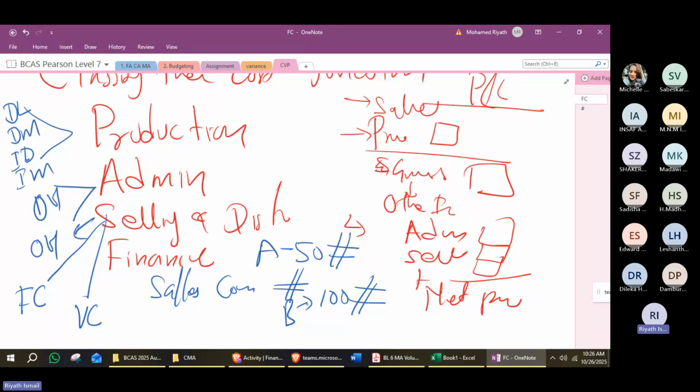And depreciation of sales van or vehicle, or showroom rent: variable or fixed? That is fixed. Showroom rent is fixed. Whether you make sales or not, you have to pay the rent. Then in production, is direct labor variable or fixed?